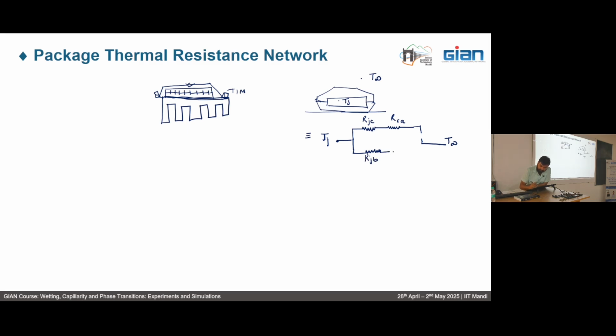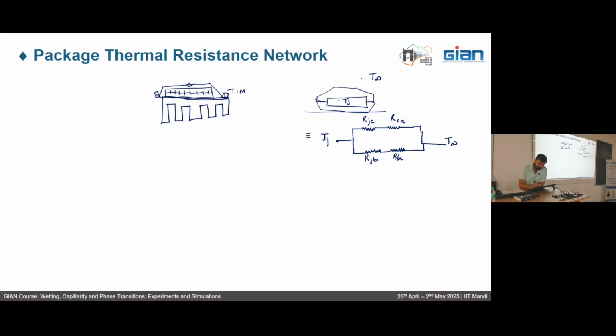And then further, there will be a thermal resistance between your board and ambient, so we call it RBA. So these are the thermal resistance networks. Just a revision of what you have studied in your heat transfer. We are revising this because we'll also be solving certain problems in this class, and there you will need this kind of revision.